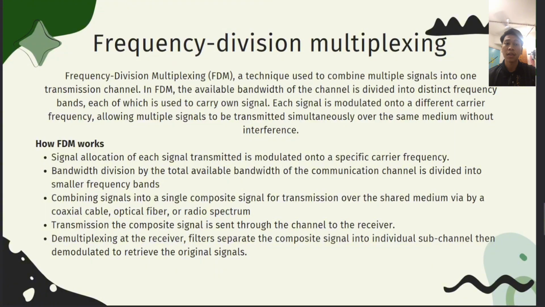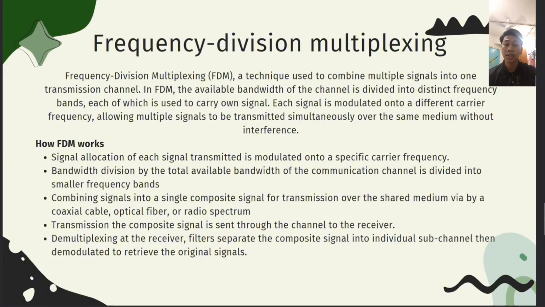In FDM, the available bandwidth of the channel is divided into distinct frequency bands, each of which is used to carry one signal. Each signal is modulated onto a different carrier frequency, allowing multiple signals to be transmitted simultaneously over the same medium without interference.